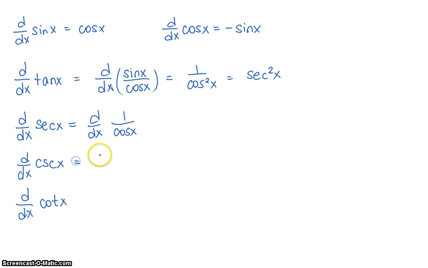This one is the derivative with respect to x of 1 over sine of x. And this one would be the derivative with respect to x of cos x over sine of x. All of them use the identities to simplify down.